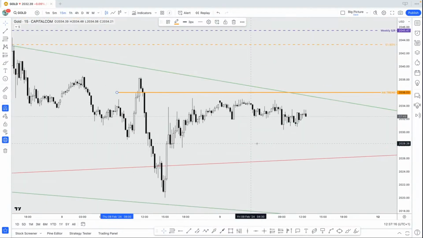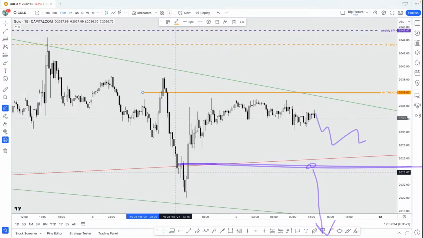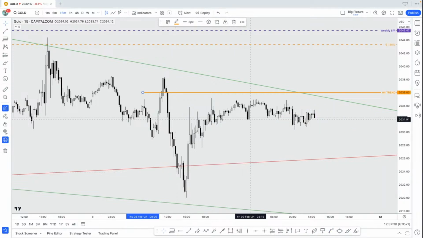And on the 15-minute, I see a North breakout that hasn't been tested. So this is a level where if the price breaks below this, we can see further decline in the price. But until this is reached, it can be a rough ride here. So for me, it's a no-go.